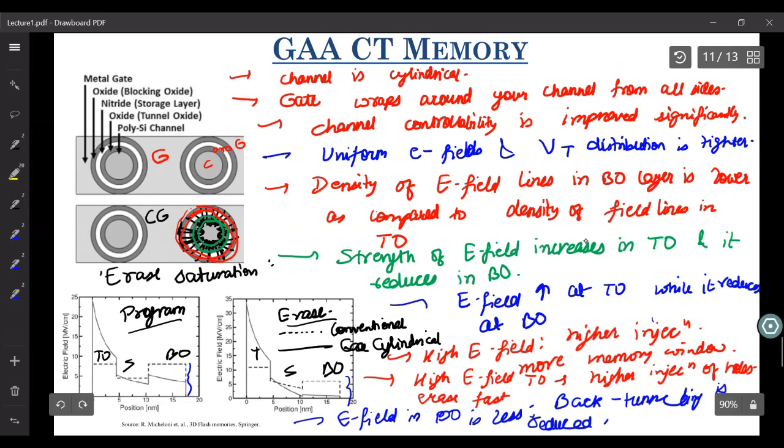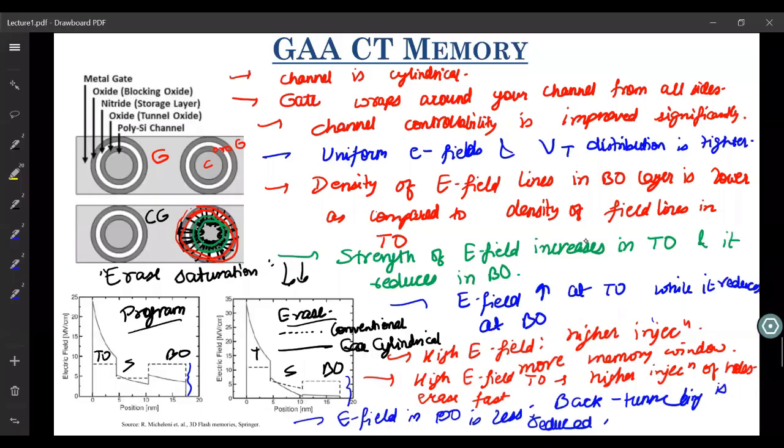Erase saturation is significantly suppressed when you're going with this gate-all-around structure. So this gate-all-around charge-trap structure is really advantageous, and this is the structure which is used in your 3D NAND flash memory. And that is why I started with this and gave you an introduction to this.